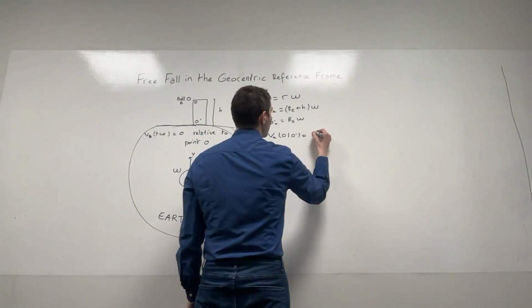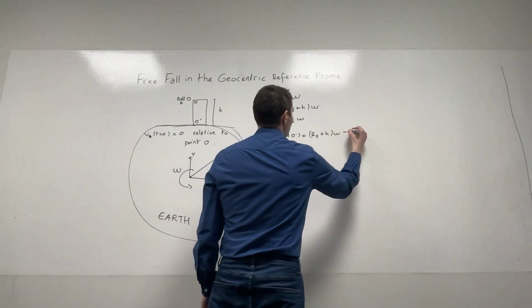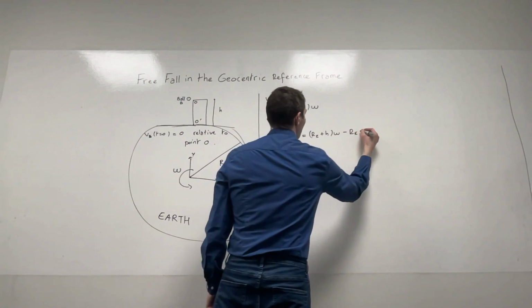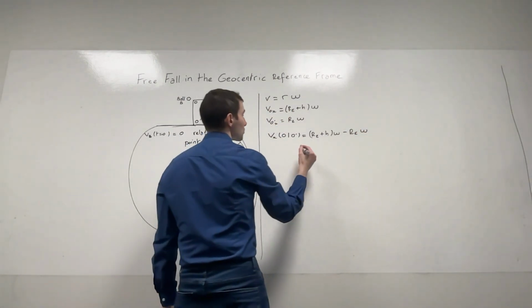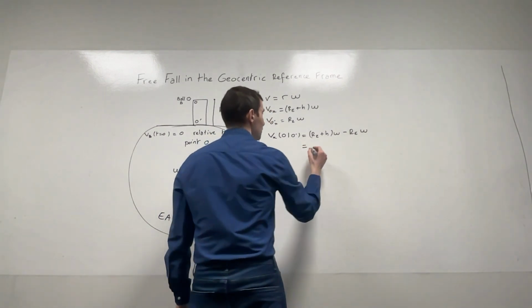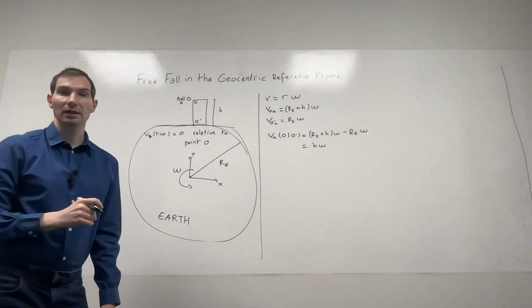Okay, so that's (Re plus H) omega minus Re omega. And again, that's the magnitude. So this is equal to H times omega.